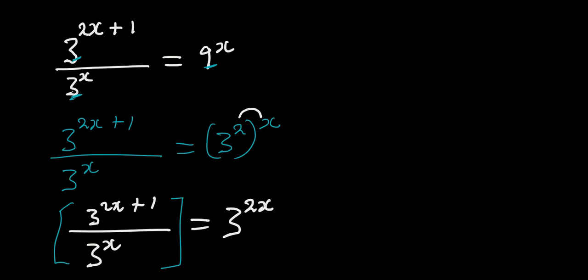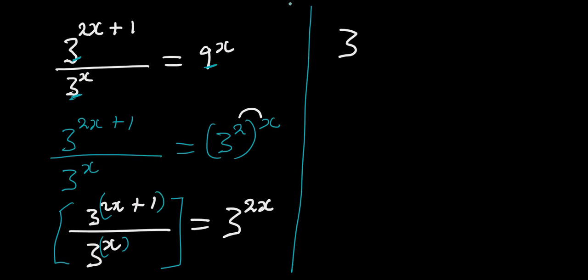The division rule states that when you have the same base with different exponents and you are dividing, all you have to do is to write it as a single base, and then subtract the exponent of the denominator from the exponent of the numerator. So this is the exponent of the denominator, while this is the exponent of the numerator.